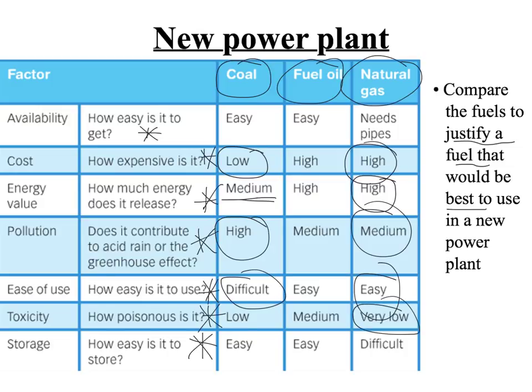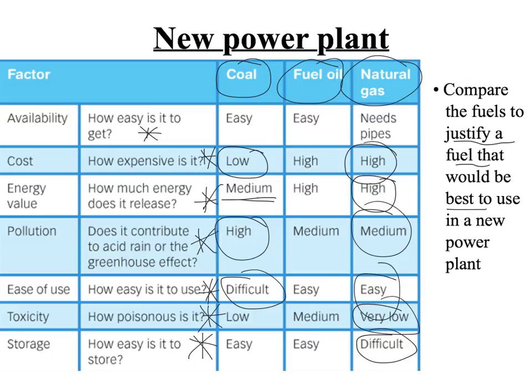Very low poisonous gases produced, but difficult to store. So what you would have to do in an exam question is state some advantages and disadvantages of each one and then weigh up which one would be the overall best to use. So sometimes there's not even a right answer to this as long as you can justify your choice.